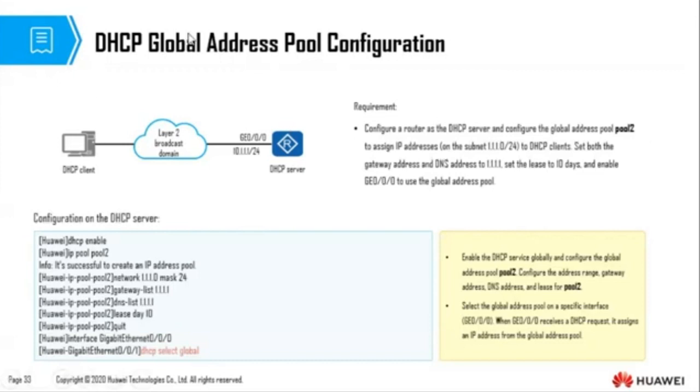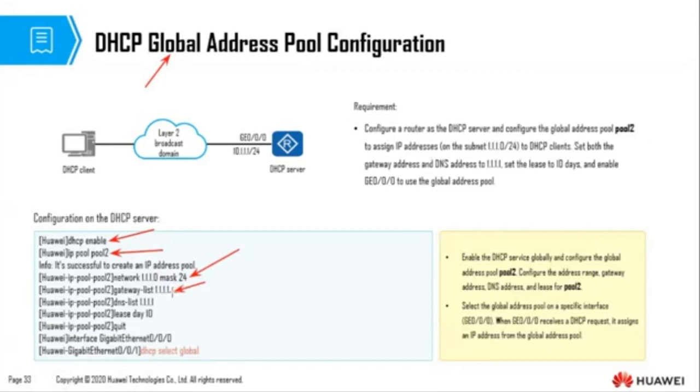Otherwise, other than configuring the DHCP on the interface, we can also do the global address pool. To do that, again, you start by enabling, then you create a pool, for example, pool 2. Then you give the IP addresses that you want to assign to the end devices. So you want to assign IP addresses from this network range.